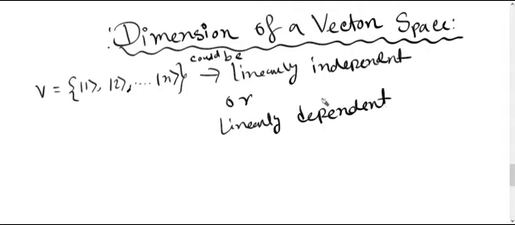The case we want to talk about is what happens if this vector space, which contains these n vectors, has all of them linearly independent. We say that if a vector space defined over a field has n linearly independent vectors, then the dimension of that vector space is n.